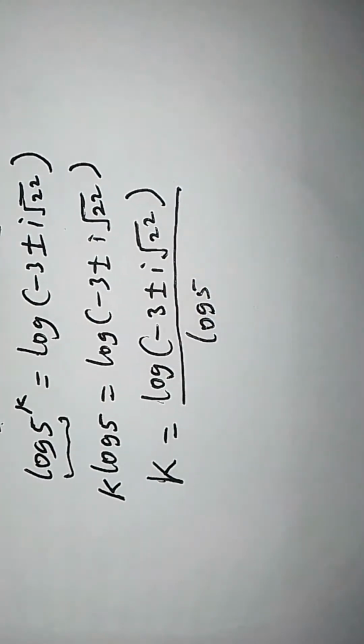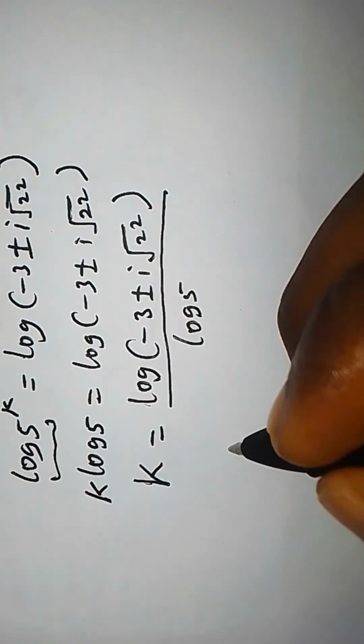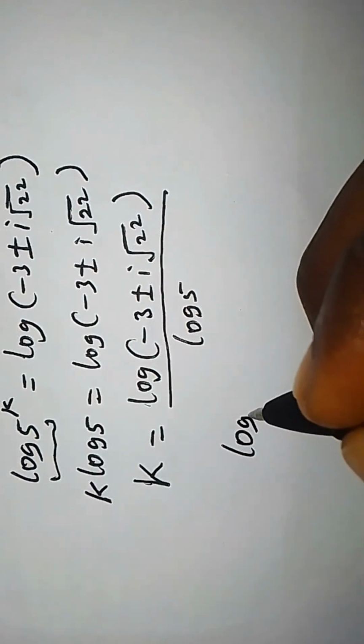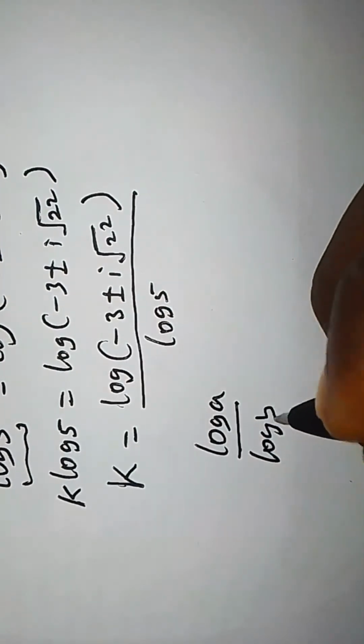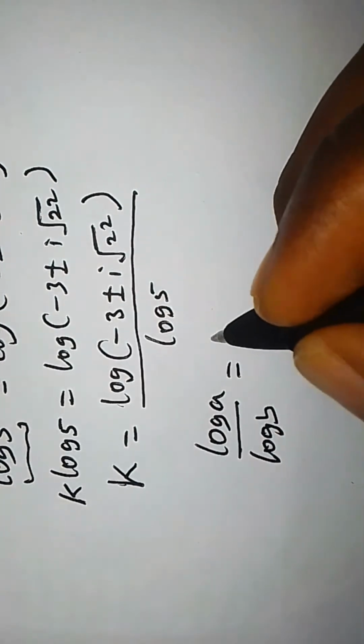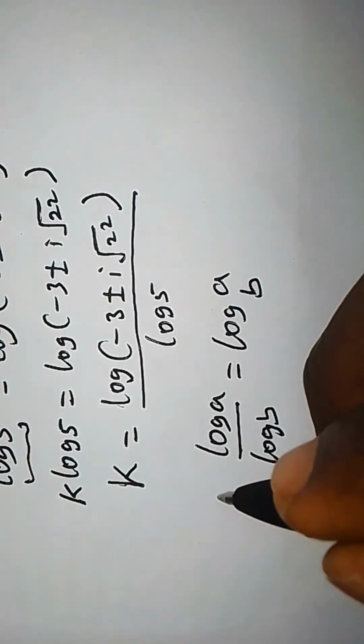At this stage, let us record this very beautiful identity. It says log a divided by log b is equal to log a base b. You can see it is very beautiful.